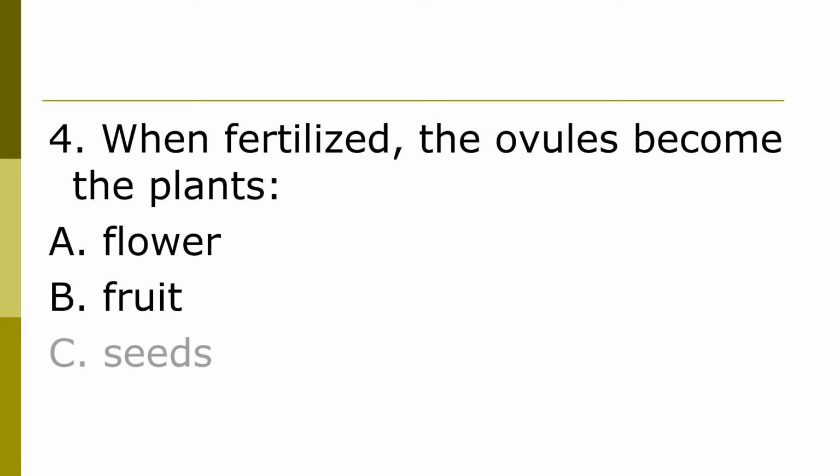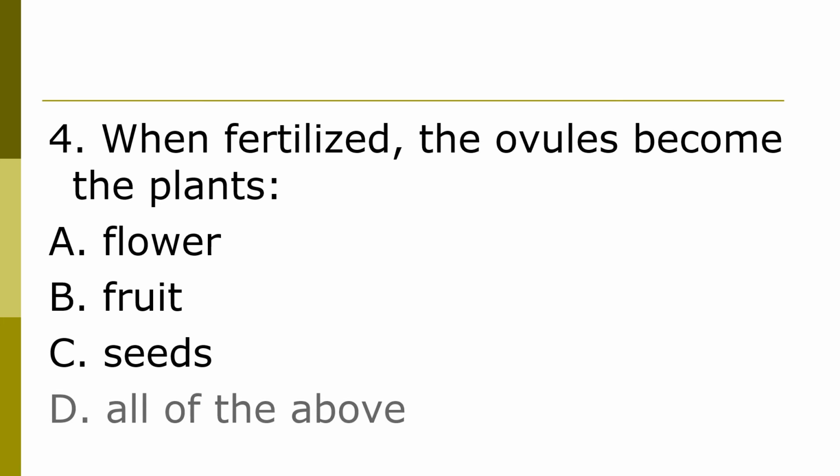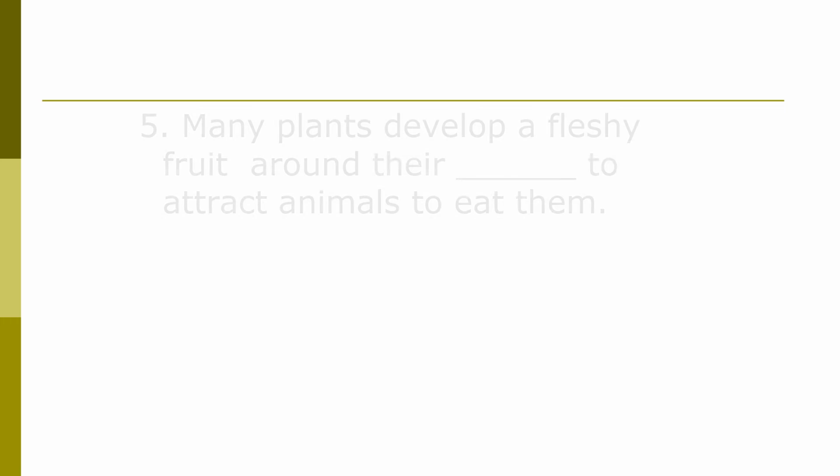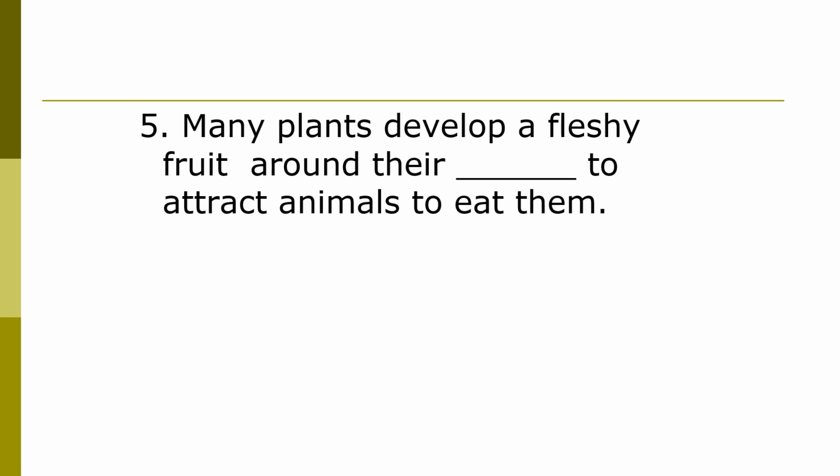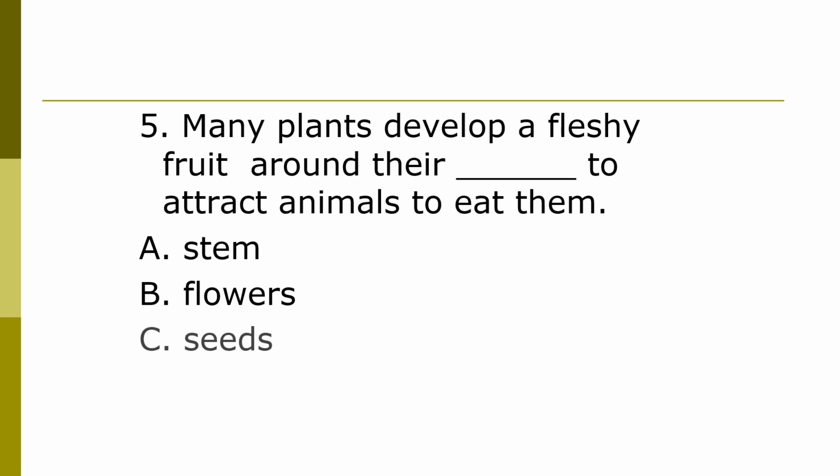B. Fruit. C. Seeds. D. All of the above. For number 5, many plants develop a fleshy fruit around their blank to attract animals to eat them. Letter A. Stem. B. Flowers. C. Seeds. D. Roots.